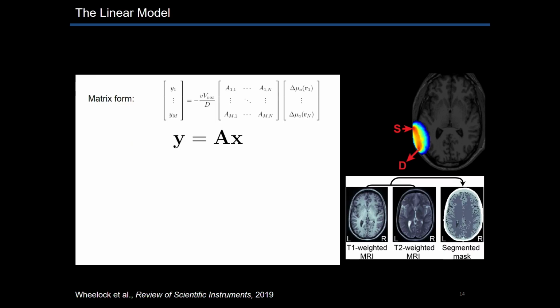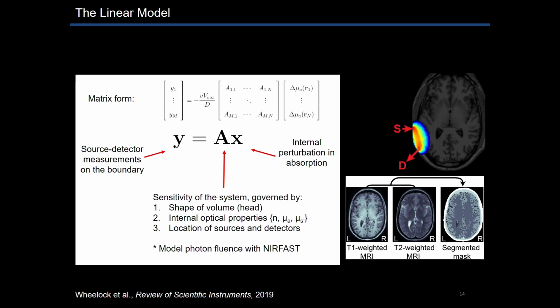I don't have to belabor all of this. So basically, y again are the source detector measurements on the boundary, x are the internal distribution of perturbations in absorption, and A again is the model. It's the sensitivity of the system, defined most strongly by the shape of the head, secondly by the internal distribution of optical properties, the speed of light, coefficient of absorption and scattering, and the location of your sources and detectors.